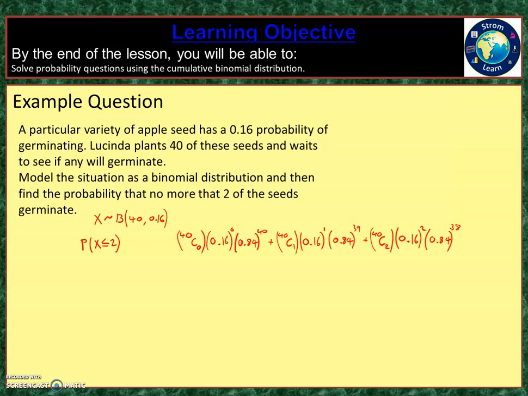And this will let you put in the parameters for X, n and p, where in this case X would be 2, n would be 40, and p would be 0.16. And when I do that, it gives me the answer of 0.03455 if I go for 4 significant figures. And there we go, there's our probability that 0, 1 or 2 germinate.